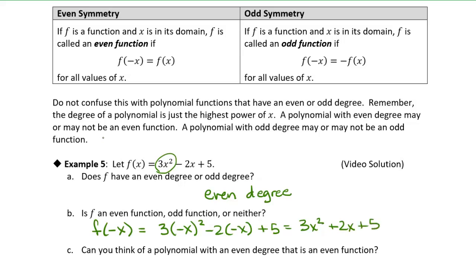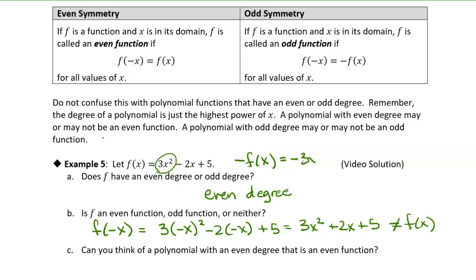Now, we have to compare that to the original function. Does that equal f of x? If it does, then it's even. And it does not, because the sign on that middle term is wrong. Now, minus f of x, let me write minus f of x up here, is equal to minus, we're just going to take the negative of everything.